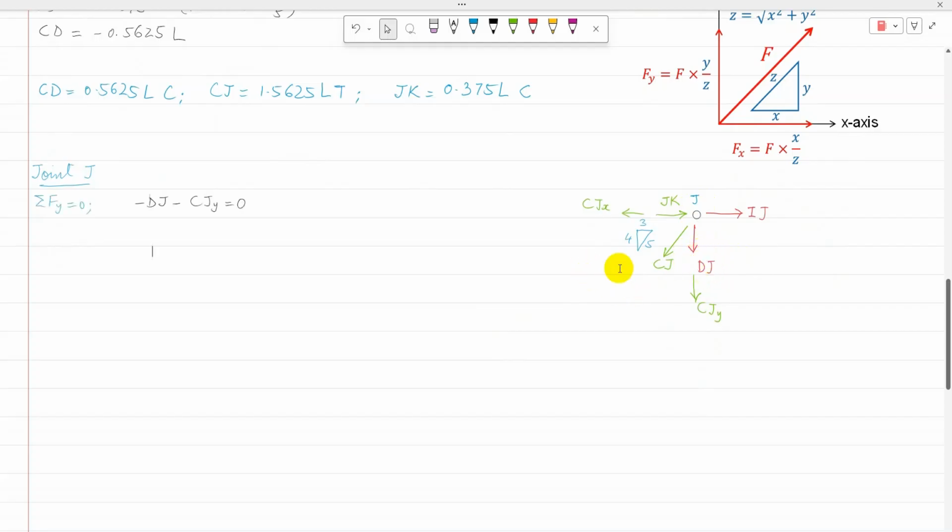DJ acts vertically downward, negative, CJY acts vertically downward, negative, and CJ is 1.5625.